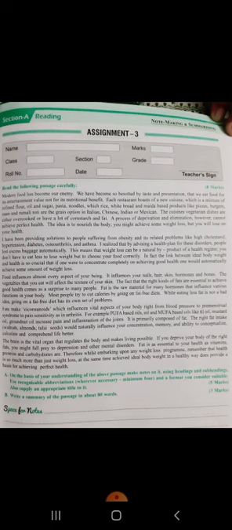Next, you should never lose the main idea of the passage. You can ignore the information which is less important. The main thing which you have to keep in your mind is you should be brief, clear, and specific.